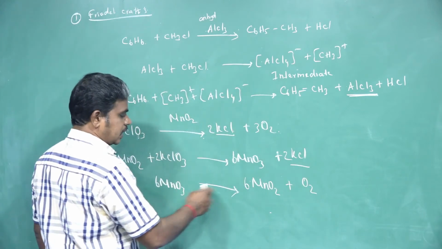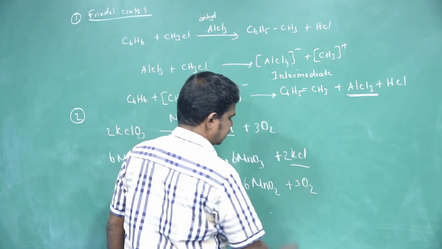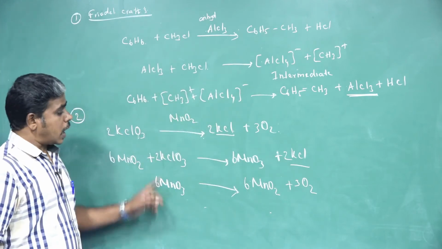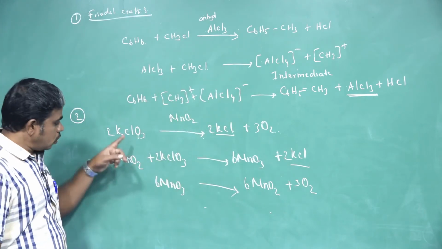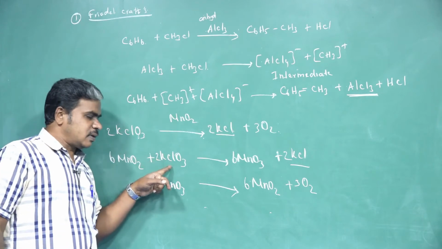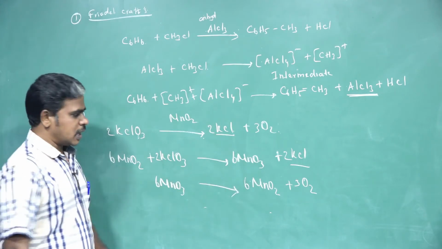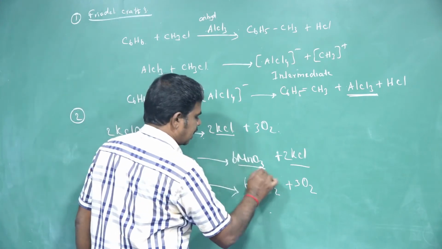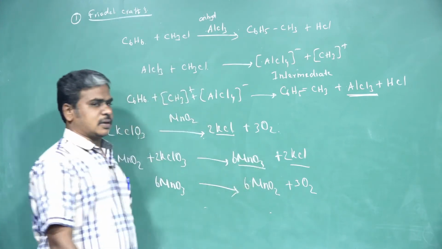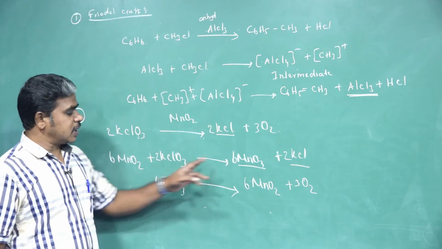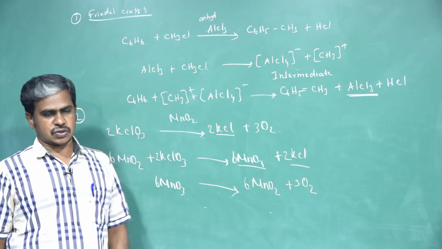So here 18 and 12, so that it is 6. So oxygen is also formed. So the catalyst reacts with the reactant and forms the intermediate. And what is the intermediate? MnO3 may act as an intermediate. Then the intermediate gives the desired product.